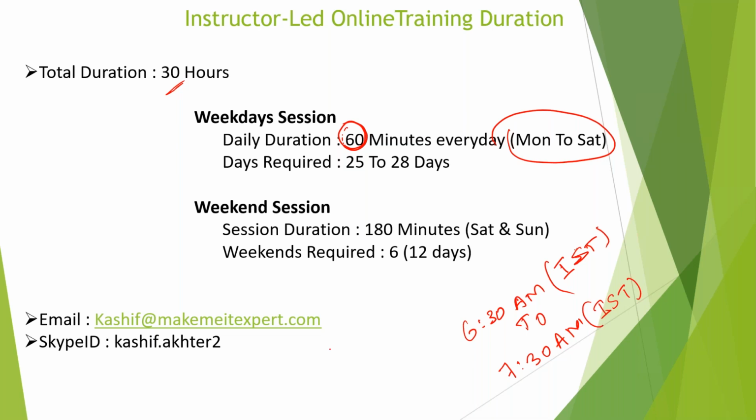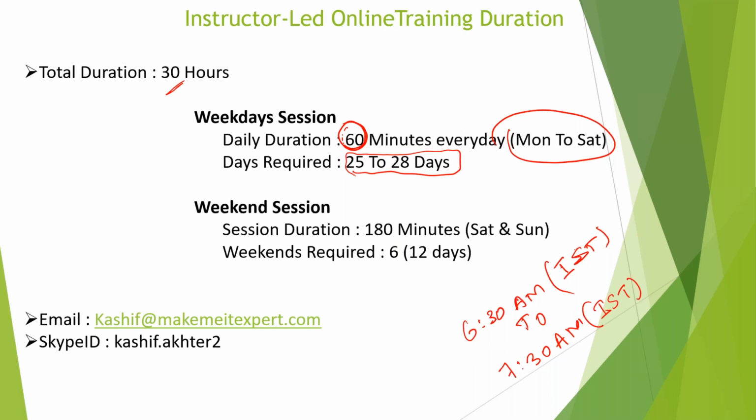So suppose we start from tomorrow, it will take 1 month to finish all the topics. Basically, we will do 4 weeks of training from Monday to Saturday. Sunday we will not have a session. Monday to Saturday, we do a daily 1 hour session.